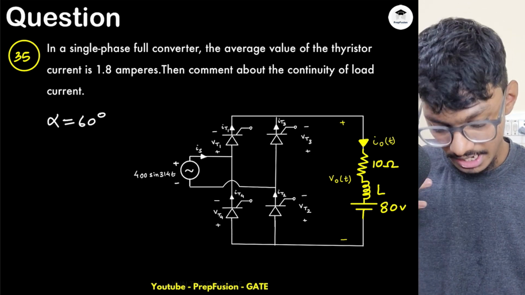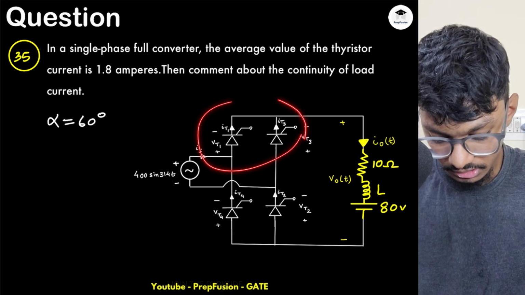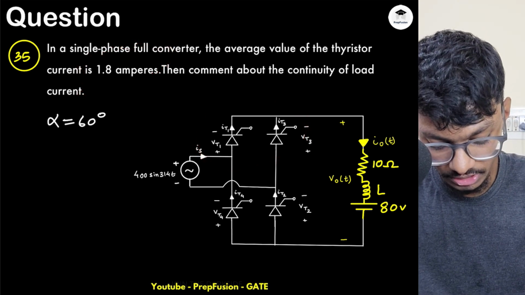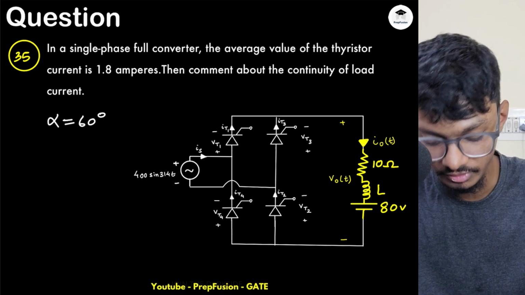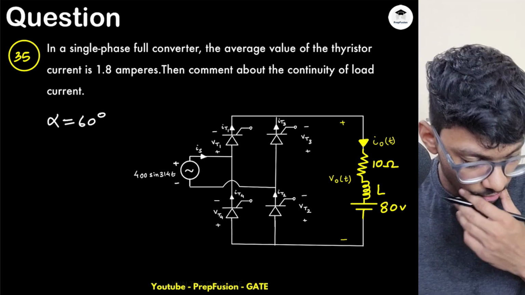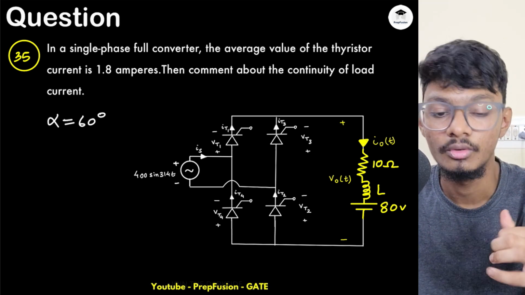This question has given that in a single phase full converter, the average value of the thyristor current is 1.8 amperes. Then comment about the continuity of the load current. The easiest thing: when does the analysis become easier?